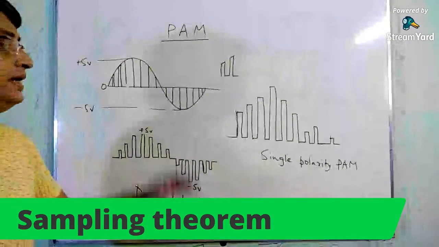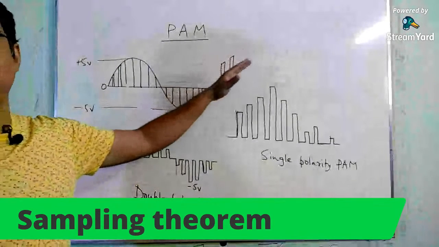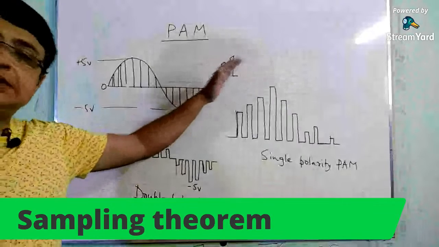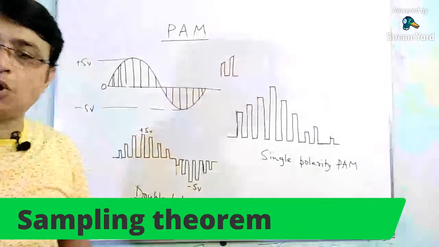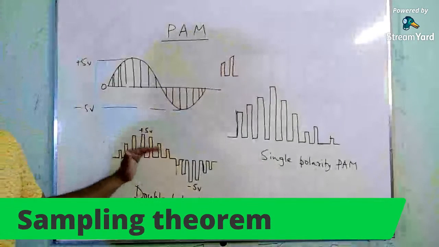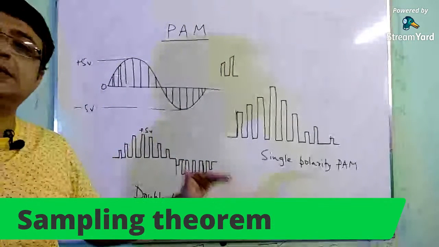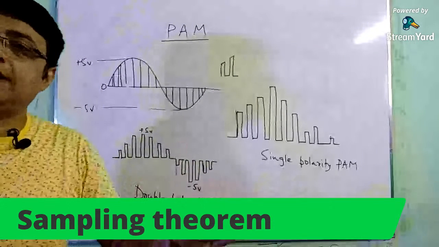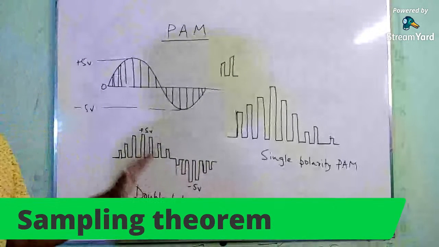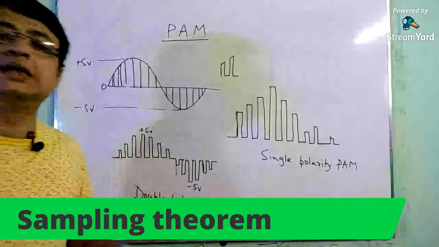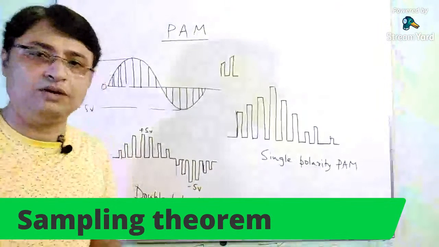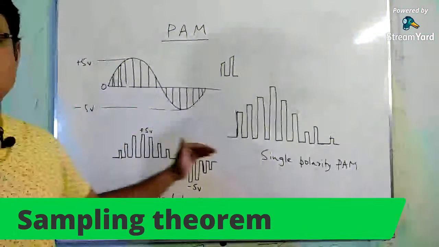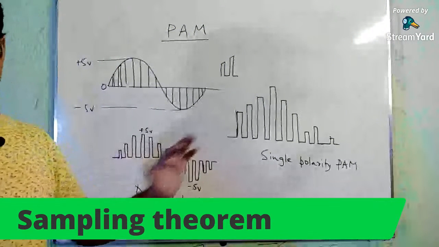So this type of sampling also occurs, but this is the simpler case, where we have assumed that the values remain constant, or these are the sample and hold values, where flat top sampling is possible.